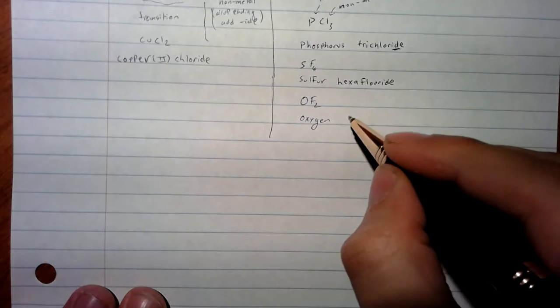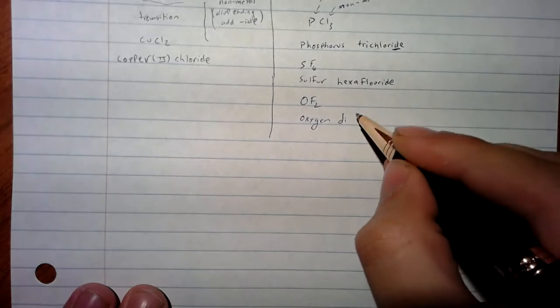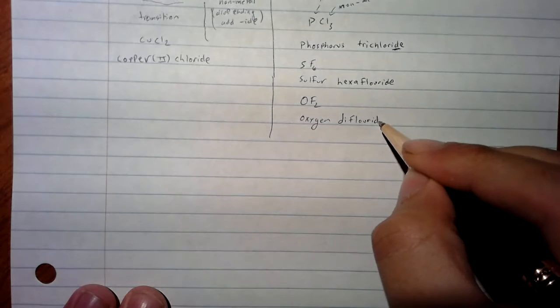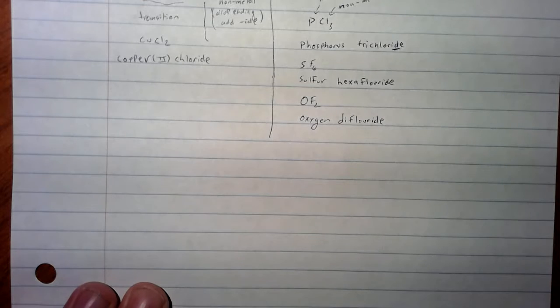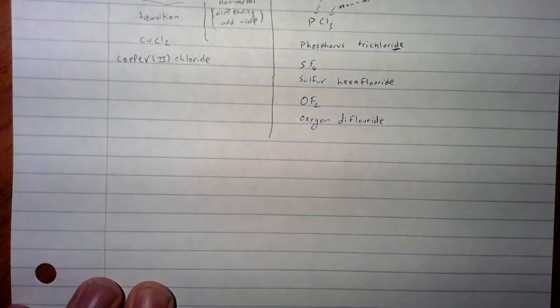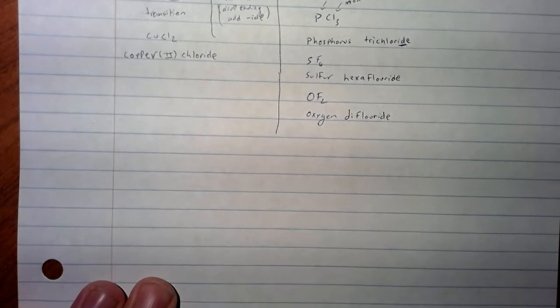We have 2 of them, so we're going to use the prefix for 2, which is di, and then we write fluoride: difluoride. Notice all of the second elements are going to be ending in IDE, so keep that in mind. Okay, pretty easy there. Let's go ahead and look at the third one.